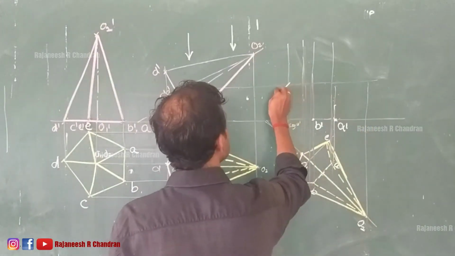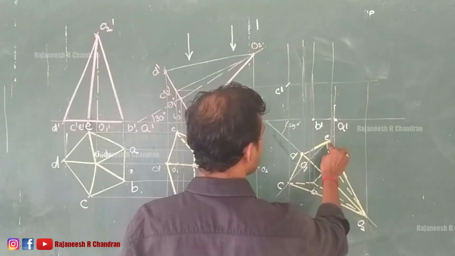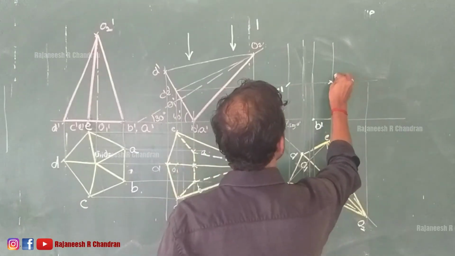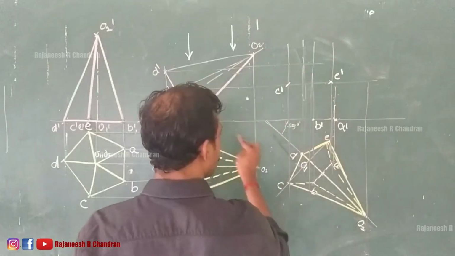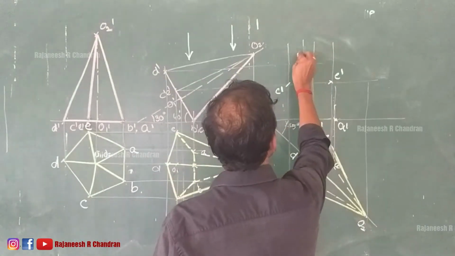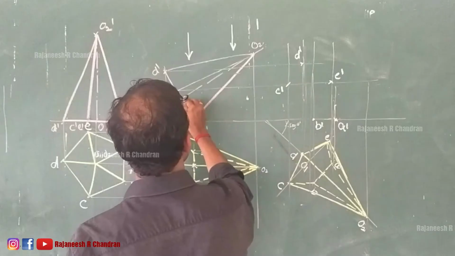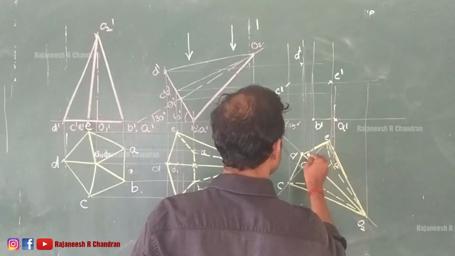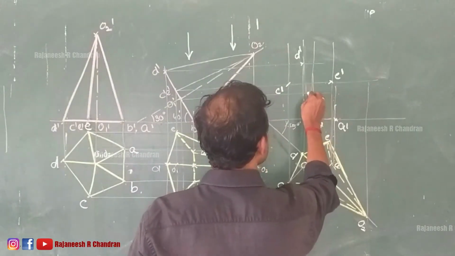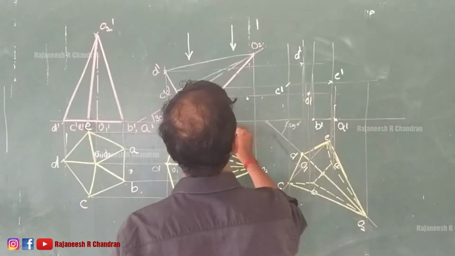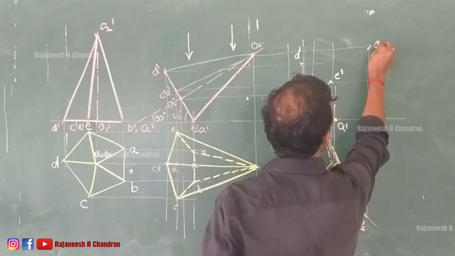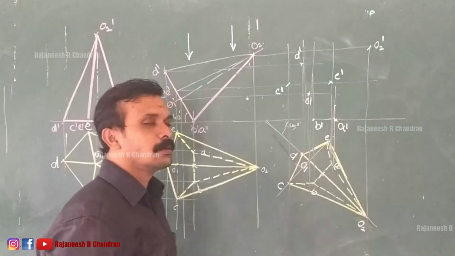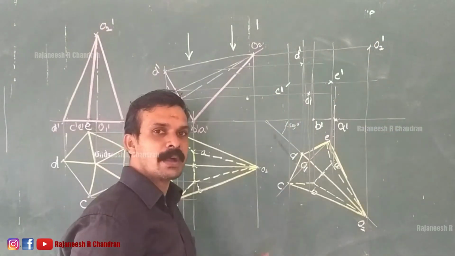This will be C dash, this will be E dash, this will be our D dash, this will be our O dash, this will be O2 dash. So the corresponding points are marked here.